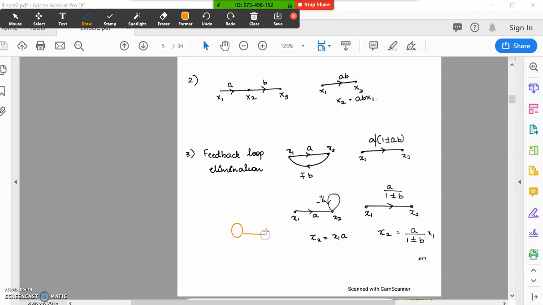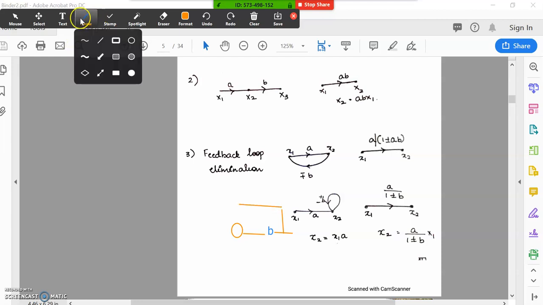This value, the gain, will be b here. Then the same thing goes on, and from this there is a feedback. There is a feedback like this.